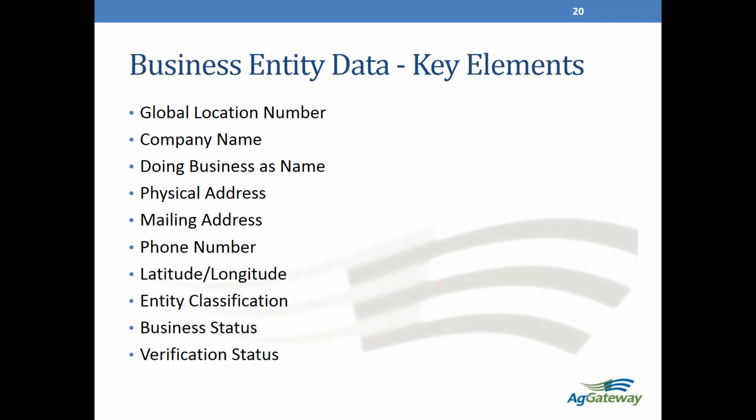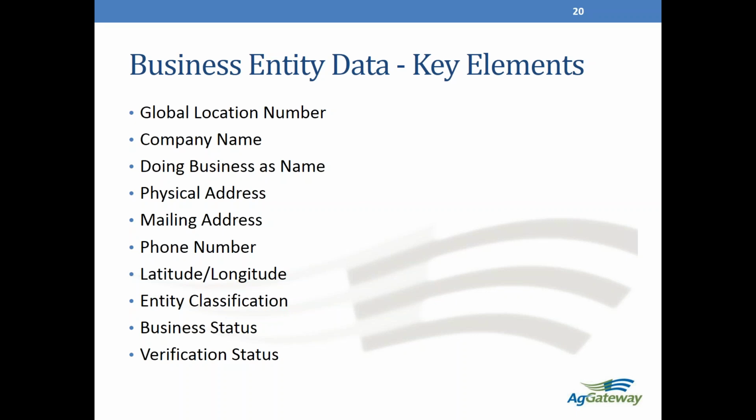So we give the opportunity to add that information in there. A physical address, a mailing address, phone number, a latitude, longitude. We do classify an entity as a business, a consumer, or a location. We have business status. This could be in business, out of business, bought out, replaced by.